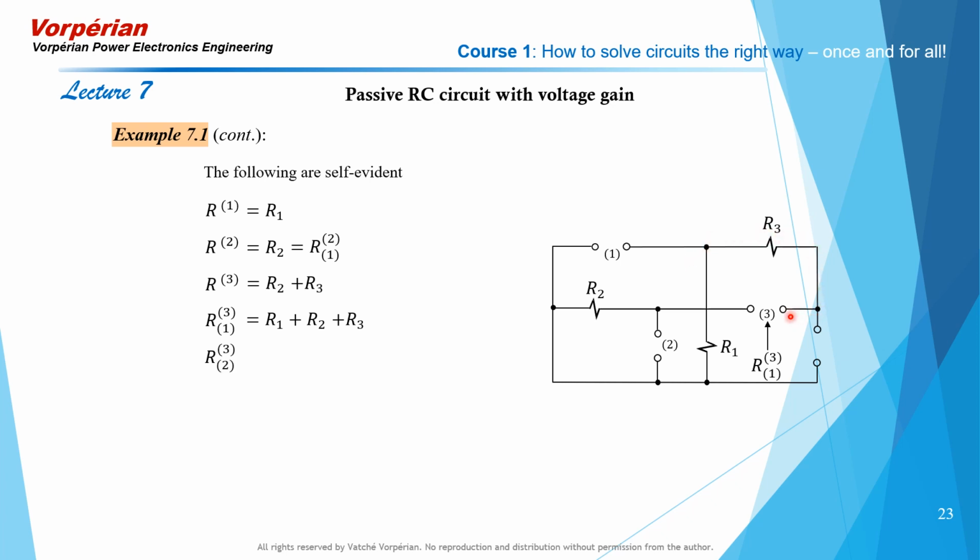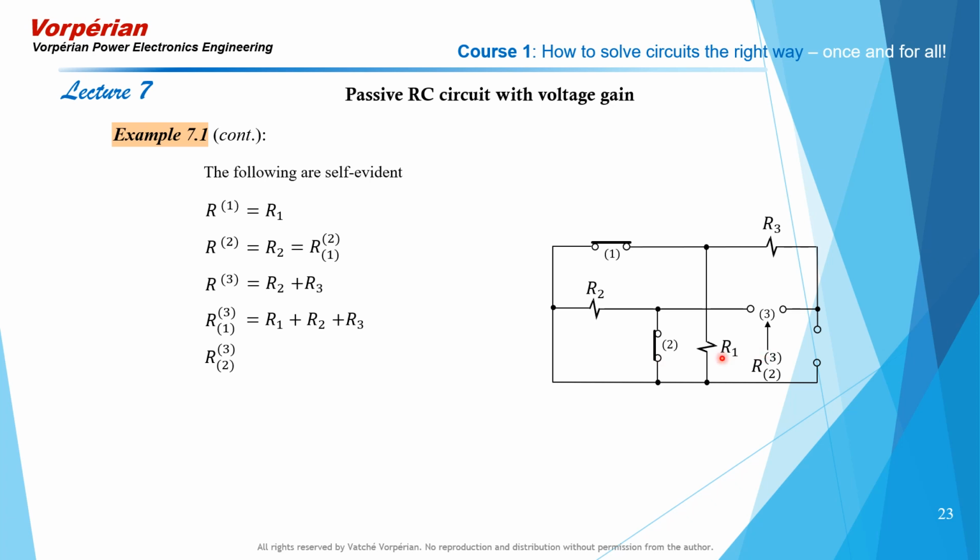Now, let's go to port 3 again, but this time we want to determine the driving point resistance looking into port 3 while port 2 is in its opposite state of its reference state and port 1 is in its reference state. We're going to put port 1 in its reference state, a short circuit, and port 2 in the opposite state of its reference state, which is a short, and determine R32.